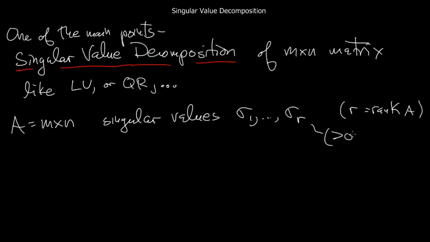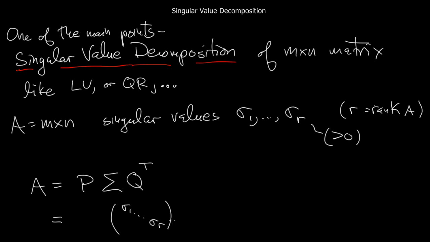Okay, and then the fact is that you can write A in the following form. You can write it as P times sigma times Q transpose, where sigma is this R by R diagonal matrix with the singular values on the diagonal.